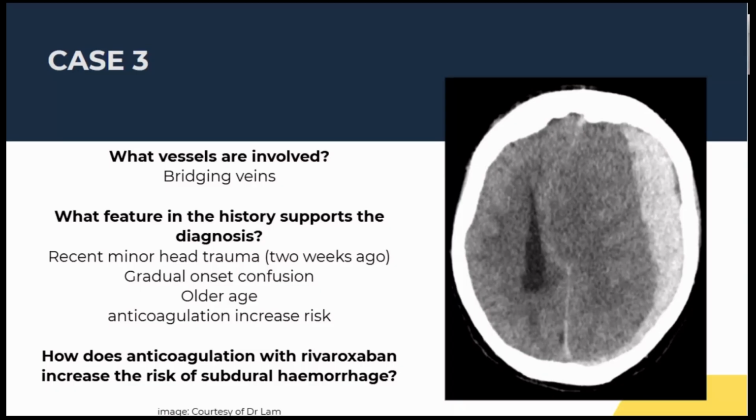And then how does anticoagulation with rivaroxaban increase the risk of subdural hemorrhage? So what I want to know is how rivaroxaban works. What factor does it inhibit? And then why having rivaroxaban can lead to a hemorrhage.